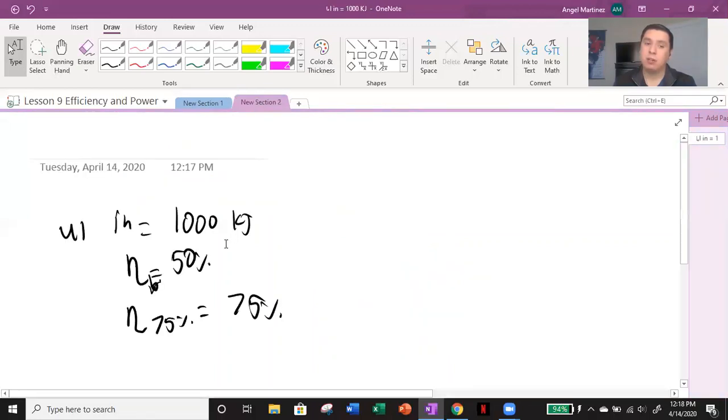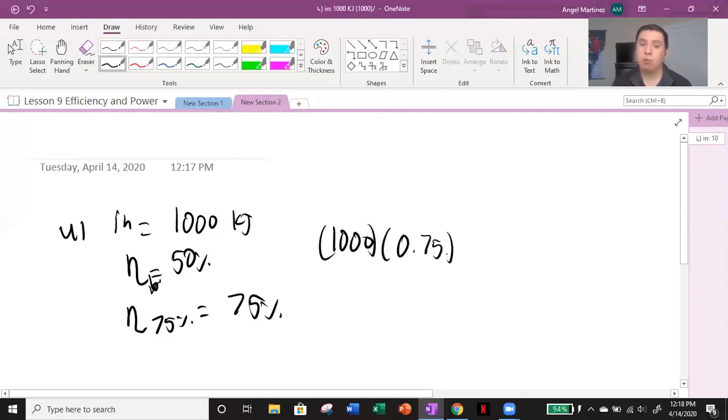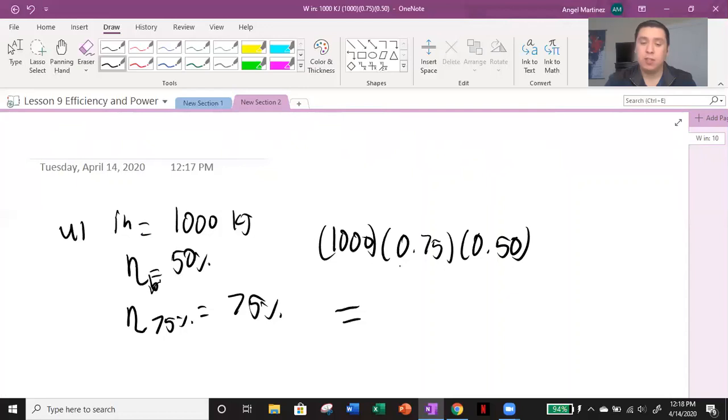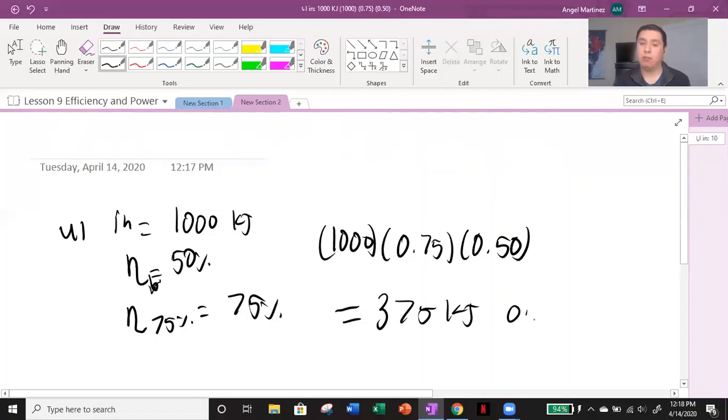For this case, you multiply all of them. So if you have multiple efficiencies and just one input energy, you multiply everything together. 1,000 times 0.75 times 0.5, and you get the output energy as 375 kilojoules. That's how you do efficiency.